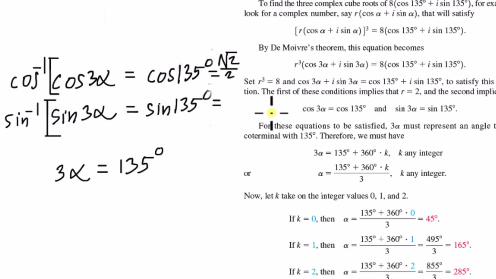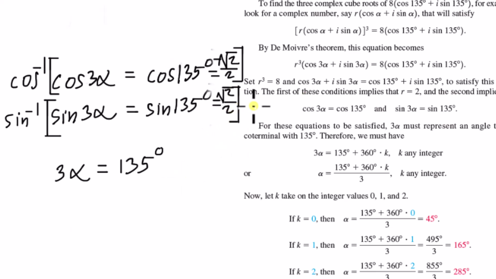Oh no, this is minus. Okay, so what you're asking here is, what angle, when you take its cosine, do you get minus root 2 over 2? That's what you're asking. Here you're asking, what angle, when you take its sine, do you get root 2 over 2?